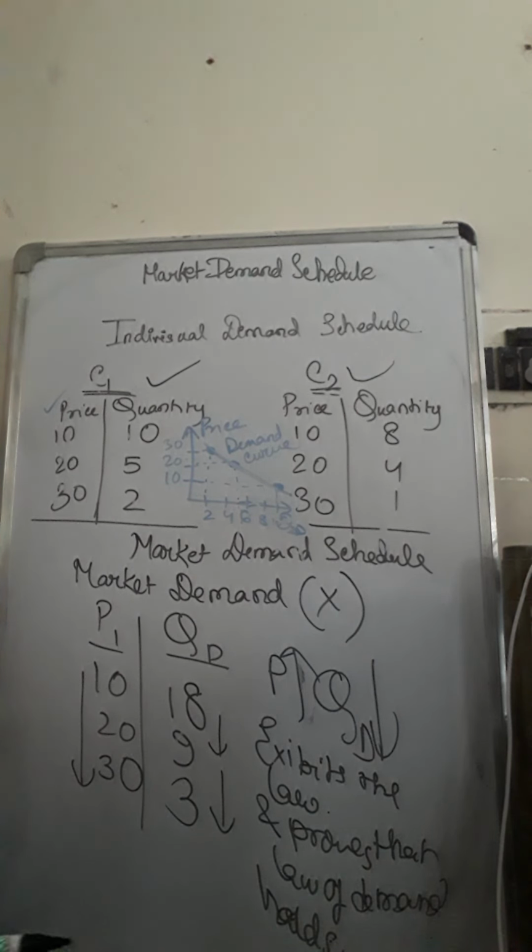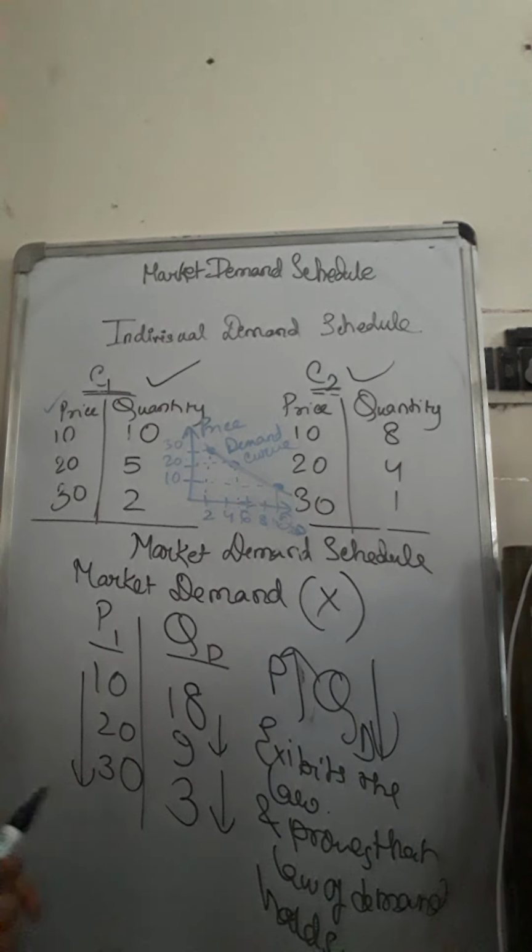And what does it show? A downward sloping curve, which shows the negative relation between price and quantity demanded.